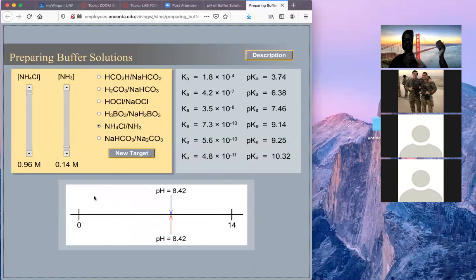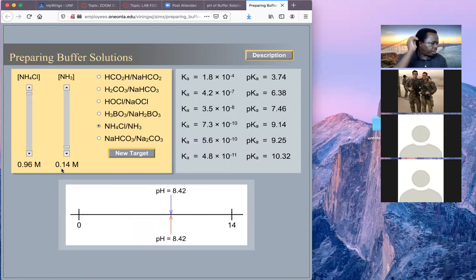You cannot see from there, but you'll fill in the data sheet here. This is the concentration of the weak acid. Look at the screen, this is the acid. I'm just going to put the concentration on the data sheet. It's now 0.96 molar. For the base, I'm just going to put it in there.